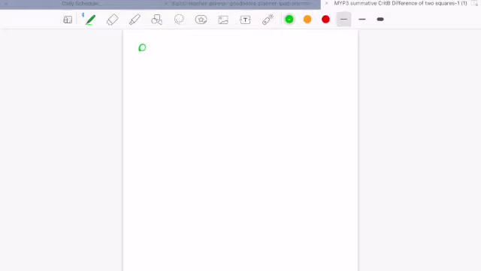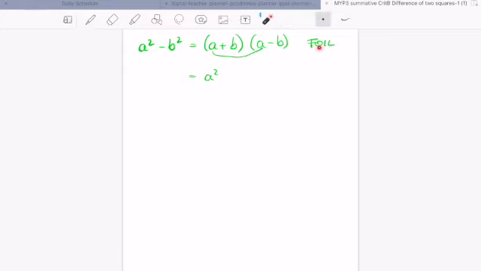So we have just written down that A squared minus B squared is the same as A plus B times A minus B. And when we're using that FOIL method that you have learned, FOIL means first, which is A times A being A squared, then outside, O outside, these are the outsides, A times negative B gives us negative AB.